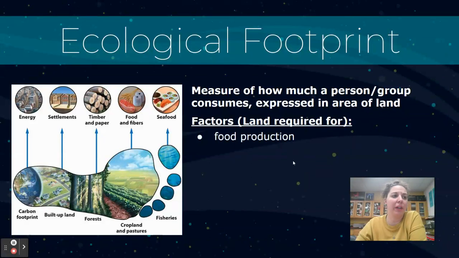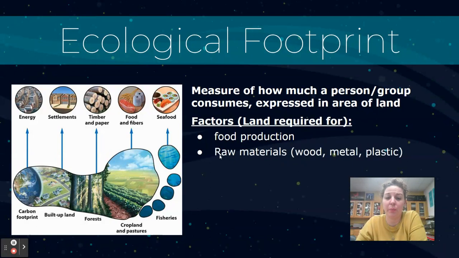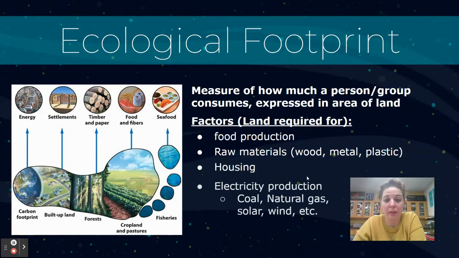So we're going to need land to produce our food. We're going to need land to produce raw materials, wood, metal, plastic, that make up all the consumables that we have, your house, electricity production. So whether we're talking about coal and natural gas or even things like solar and wind, that's still going to use raw materials that have to be extracted for us to use them.